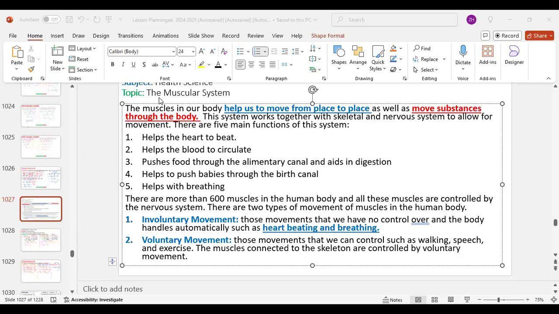Heart beating and breathing. Give me some examples of voluntary movements. Walking, running, speaking or exercising.